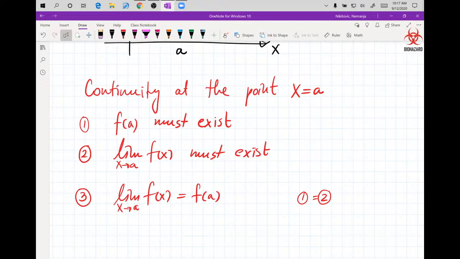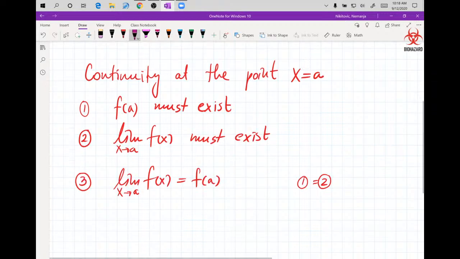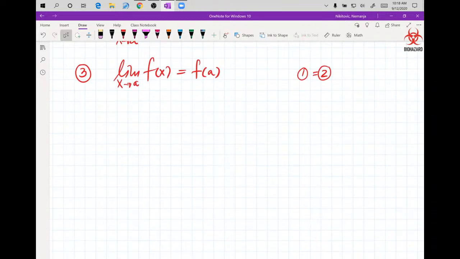And then we define the global continuity by saying if the function is continuous at all points, then the function is globally continuous. So that's another definition that we say.